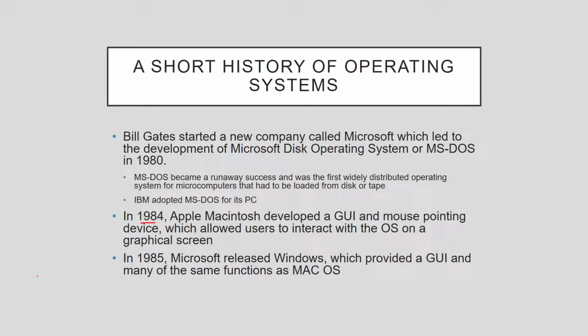In 1985, Microsoft shipped an extension to its DOS operating system called Microsoft Windows, which provided a GUI and many of the same functions as Mac OS. The first Windows was really an operating environment running on top of MS-DOS, made to look like a single operating system.